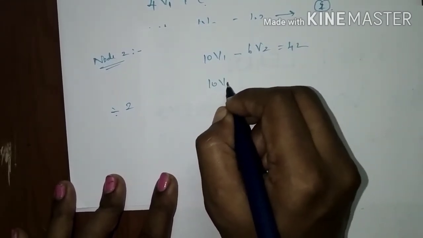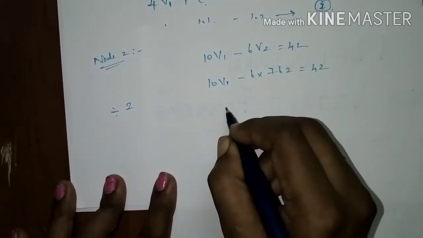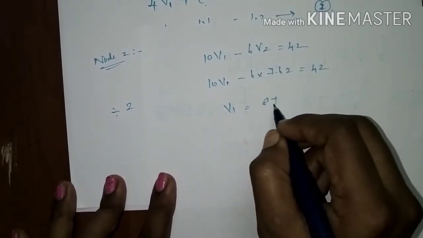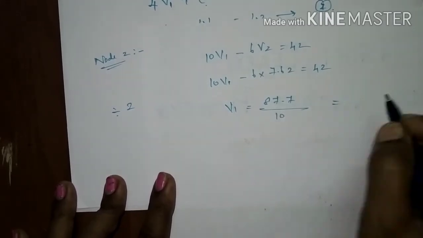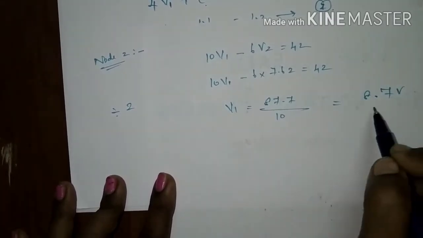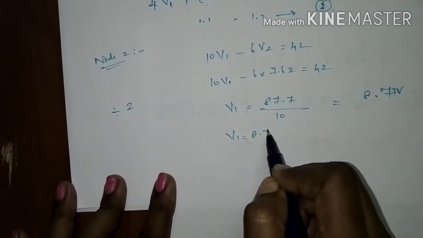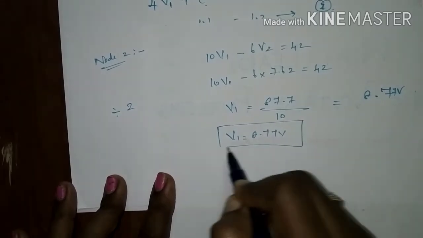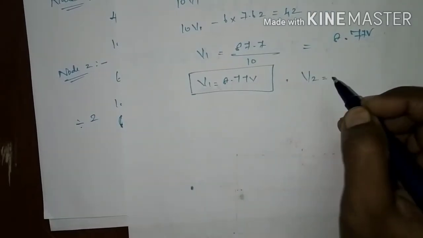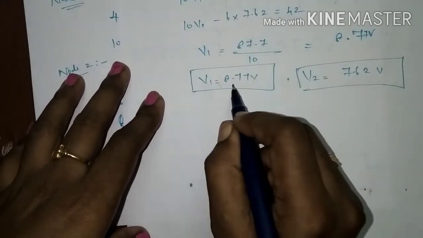Substitute the value of V2 here, 6 into 7.62, and your V1 value would be 87.7 divided by 10, which is equal to 8.77 volts. V1 is equal to 8.77 volts. Your V2 value is 7.62 volts and V1 value is 8.77 volts.